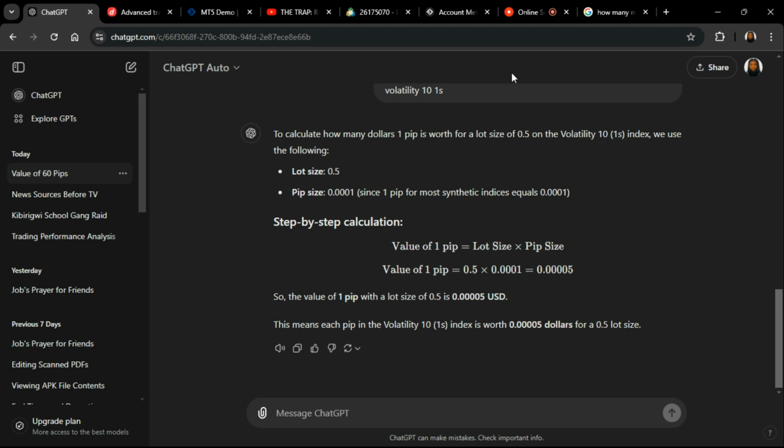It is too little, so we cannot use 0.5. Let us suggest maybe 2. I think 2 is okay.